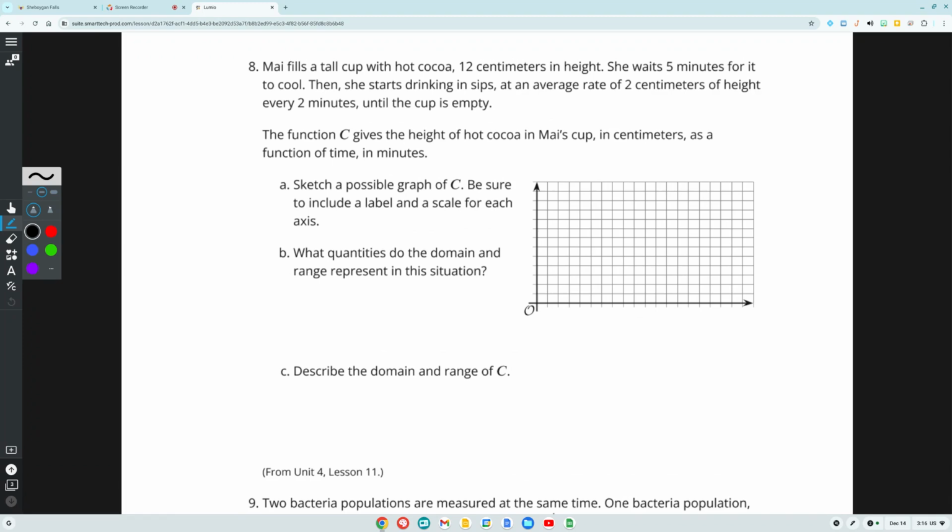Well, it looks like the output of this function is going to be the height of the hot cocoa. And I need to get up to 12, so I can actually scale by 1. So let's see here. 0, 2, 4, 6, 8, 10, so on and so forth. And this is the height in centimeters.